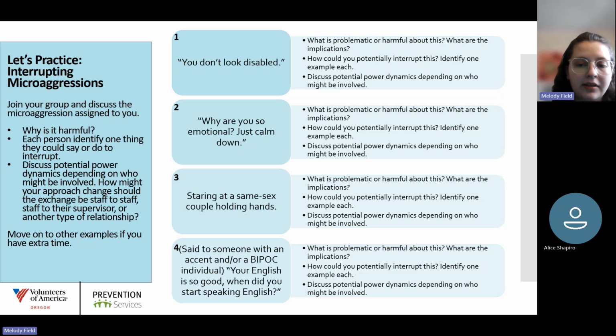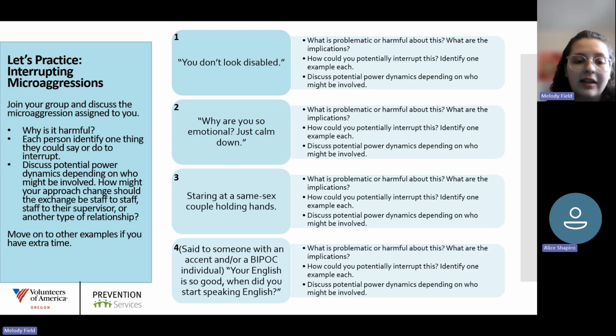One way to interrupt this very harmful thing that often happens: I really do feel that in these situations, if we're trying to avoid it happening again, if it's in a workplace or a space that people share together where you have to be around each other again, you could try to separate the impact from intent and say, hey, it sounds like you're trying to give this person a compliment.